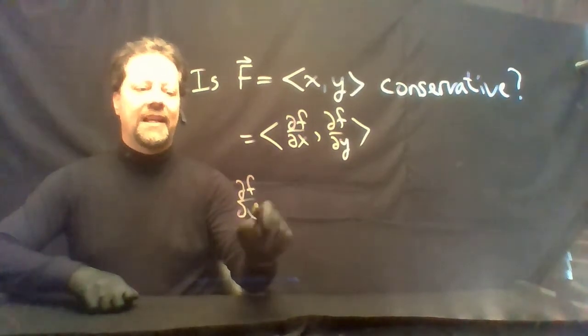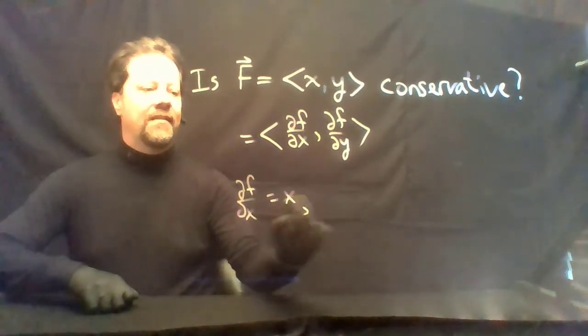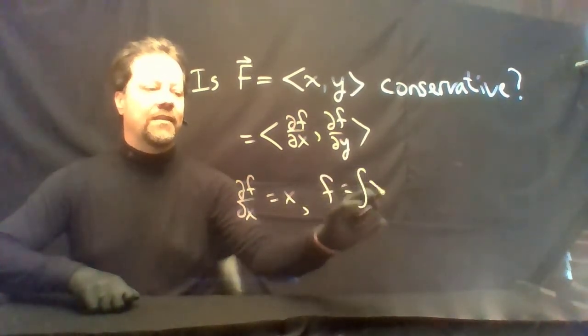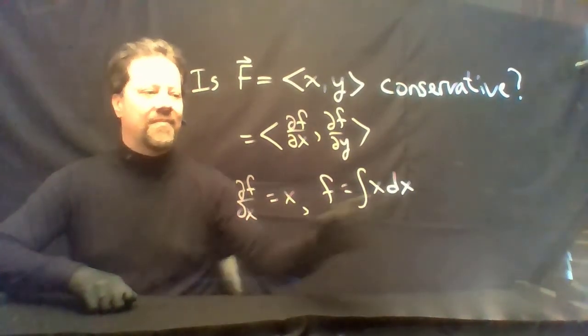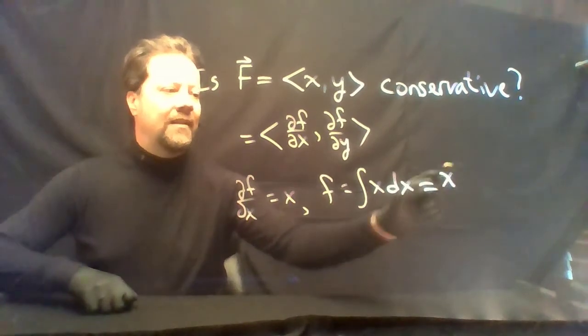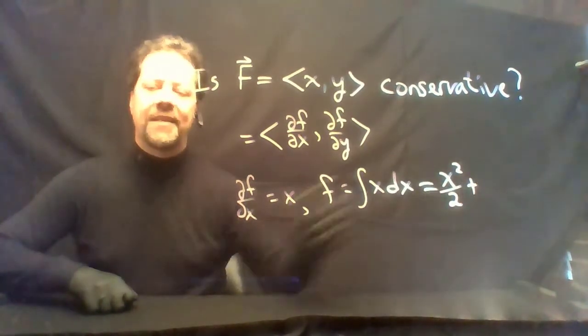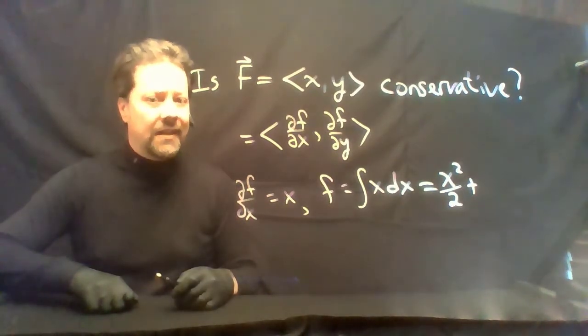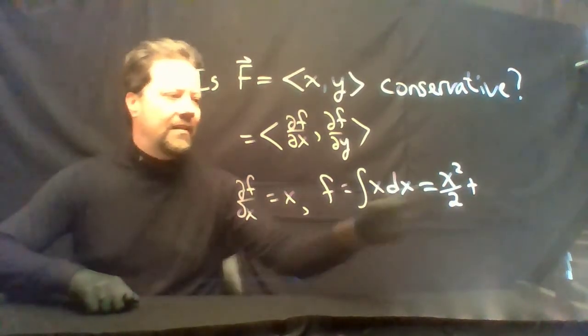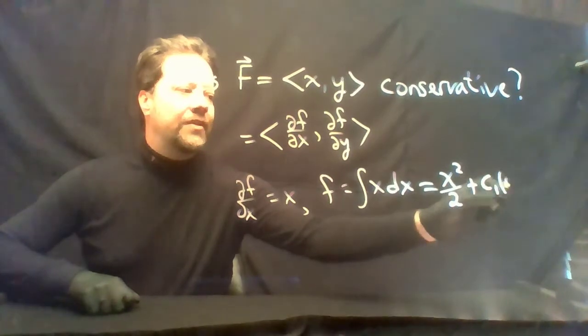If df/dx is equal to x, then the potential function must be the integral of x with respect to x. That would be x squared over 2 plus something that is constant relative to x, but not necessarily constant relative to y. We'll get an arbitrary function of y.